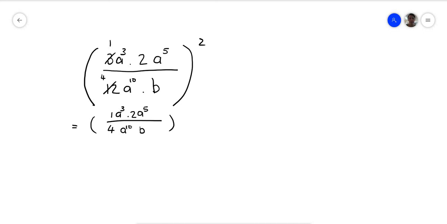So what I can do now is multiply this out: 1 times 2 is 2. a to the power of 3 times a to the power of 5 is going to be a to the power of 8, because I add the exponents together when I multiply with the same base. Then I have a 4, and I have a to the power of 10 b.